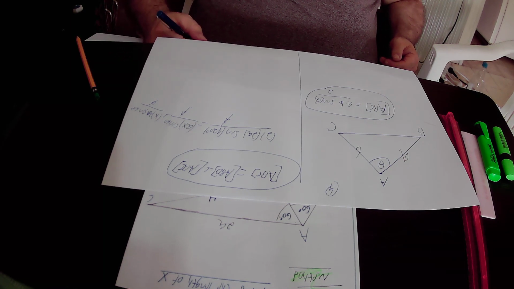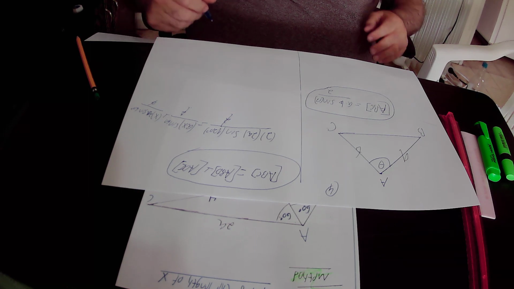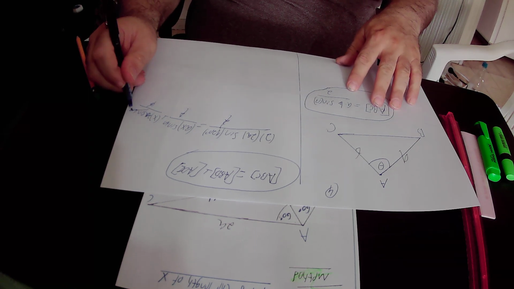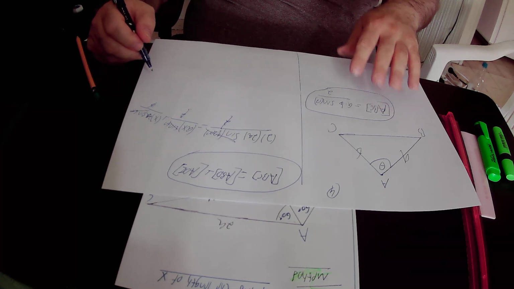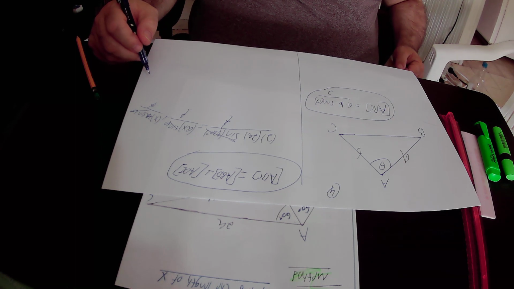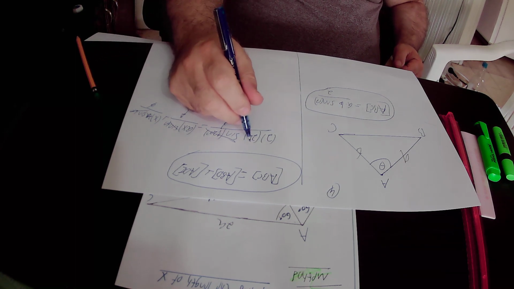We know that sine 120 degrees equals sine 60 degrees, so we can cancel sine 60 degrees as well. And we have a on both sides of the equation, so a will also get cancelled.